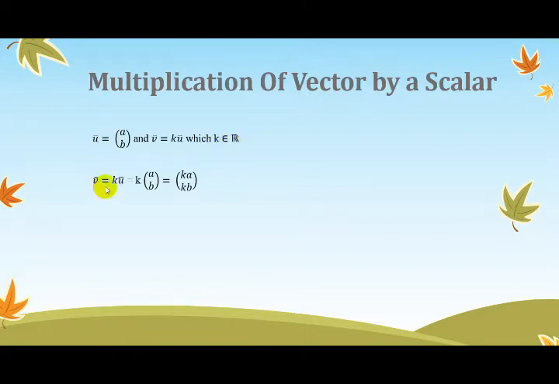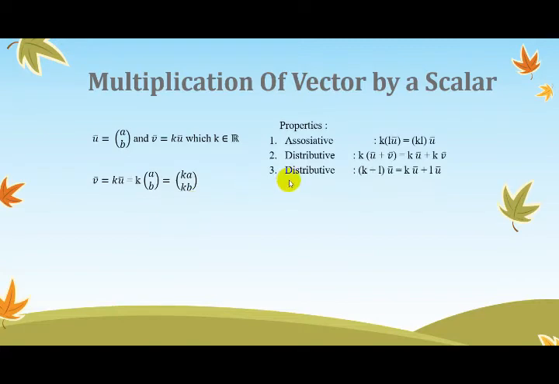Vector v equals k times vector u, which is k times vector (a, b), equal to multiplying all components by the scalar k. And we have (ka, kb). The properties are associative and distributive like this.